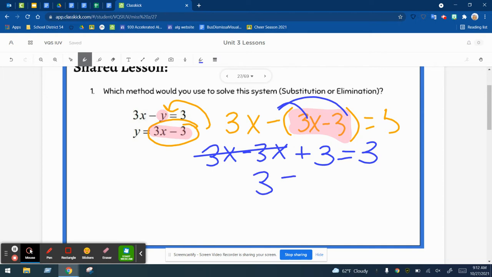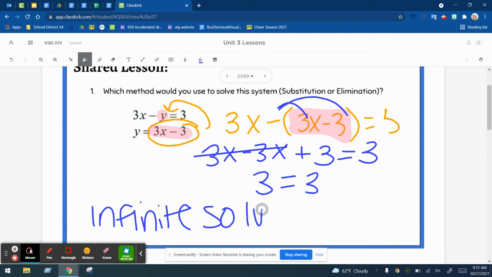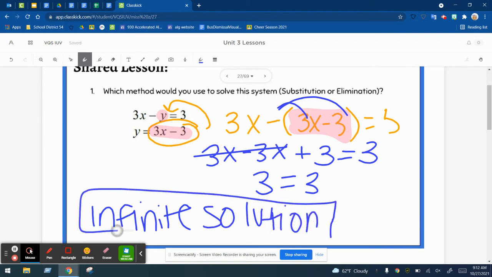So I'm left with 3 equals 3. Well, that's a true statement. So that's actually going to be infinite solutions. So just like with any other equation, if you are left with a true statement, it's infinite solutions. If you're left with something that's not true, it's no solution.